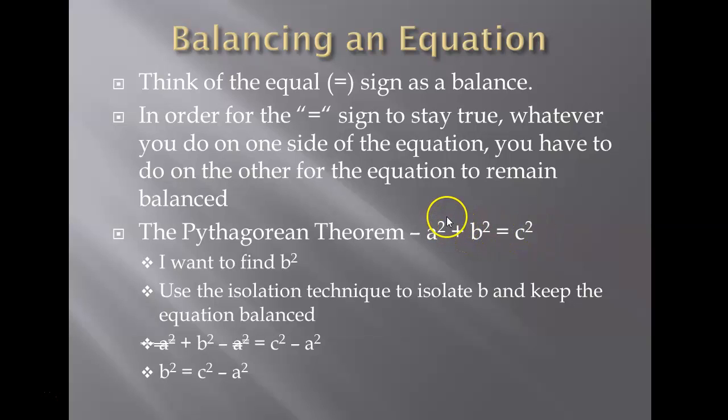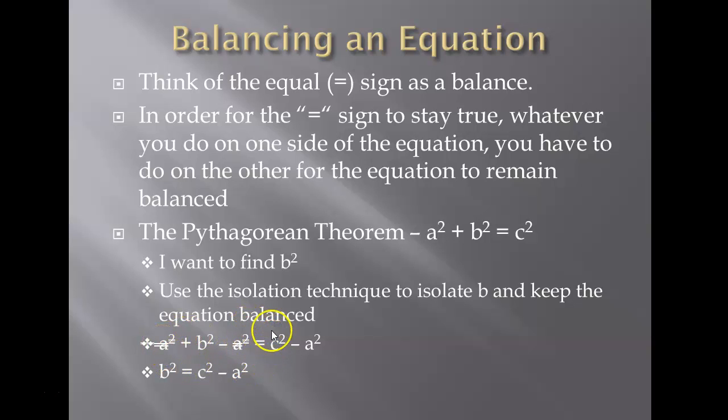So to get rid of this a squared from this side of the equation, I'm going to do the inverse operation. I'm going to go a squared plus b squared minus a squared. A squared minus a squared cancels each other out.